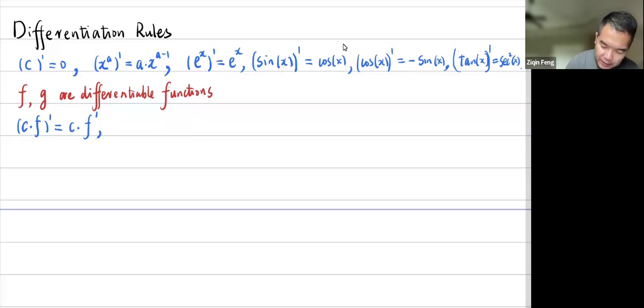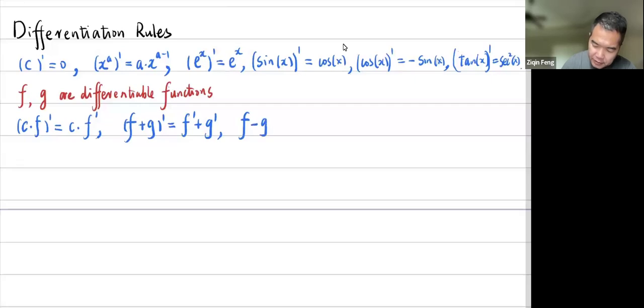Then you have f plus g, prime is f prime plus g prime. Similarly, f minus g, prime is f prime minus g prime, right? So that is three rules we have.